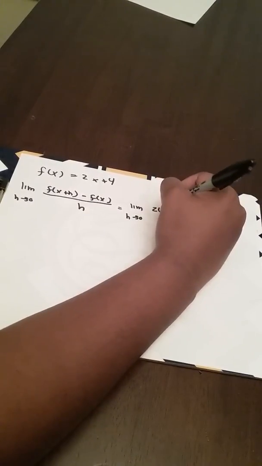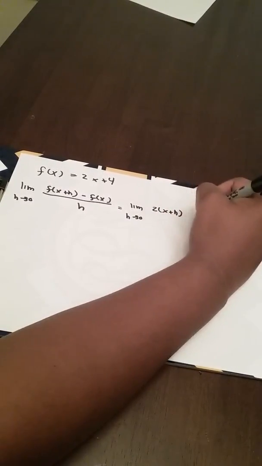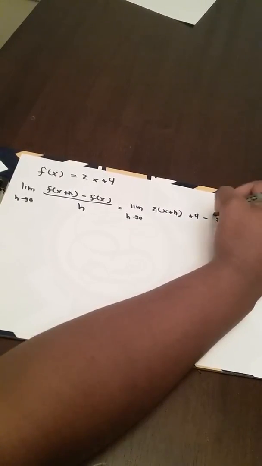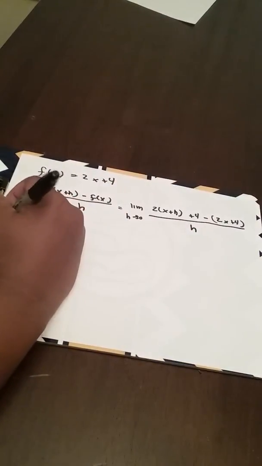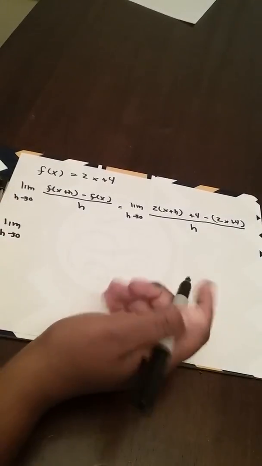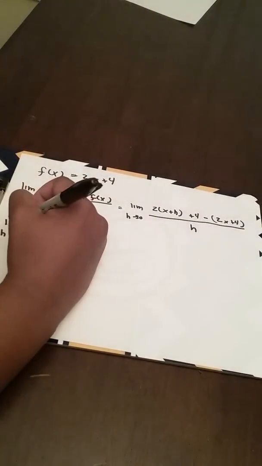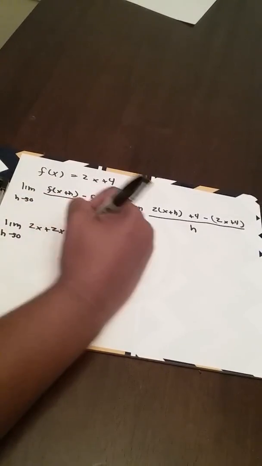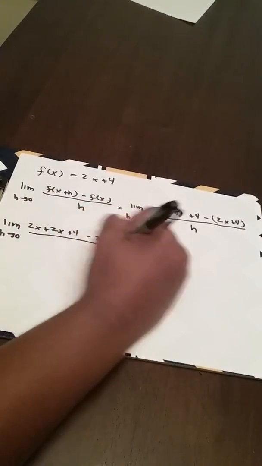So 2 times x plus h plus 4 minus 2x plus 4 over h. And then we're going to continue to solve. We don't want h on the denominator because otherwise we'll have an undefined function. So 2x plus 2h plus 4 minus 2x minus 4 over h.